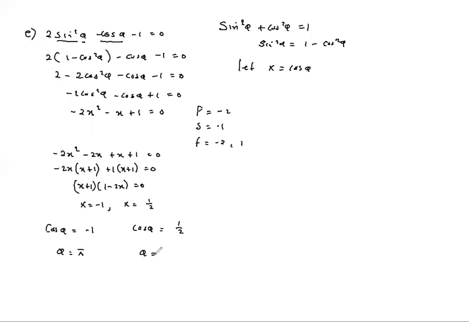In the first quadrant, we said it's 60, and in the fourth quadrant, 300. So here we have said pi, 180. Okay. So we have that.